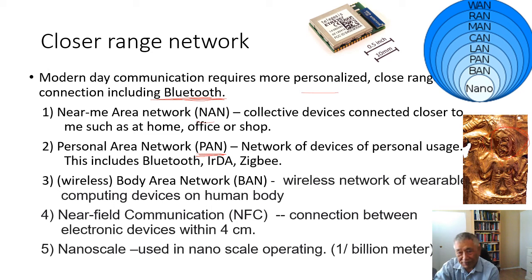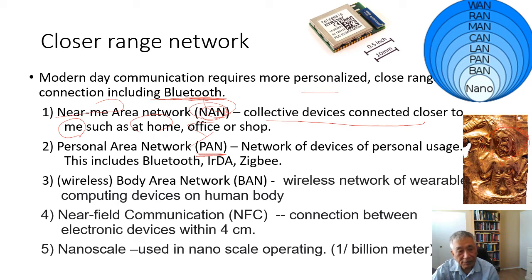So you have Wi-Fi, of course, and a direct connection, and there's a printer somewhere, wirelessly or wired connected, and certain other devices, and your security camera is connected and accessible. This collective of devices connected close to me, such as home, office, or shop, is called the near me area network.